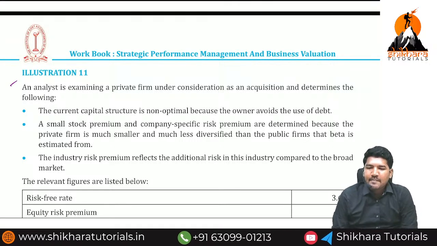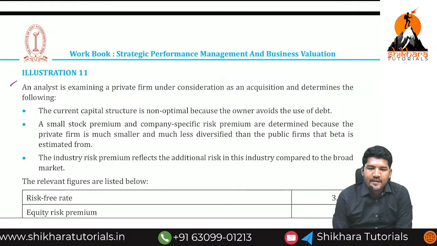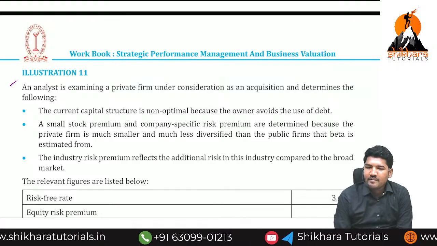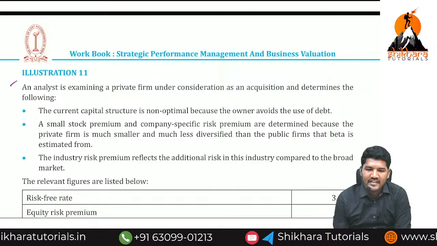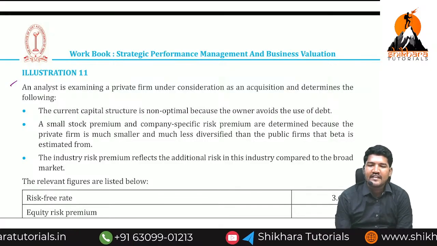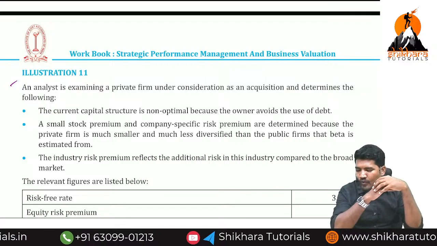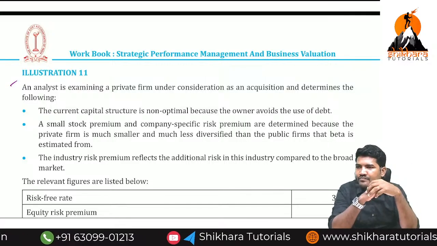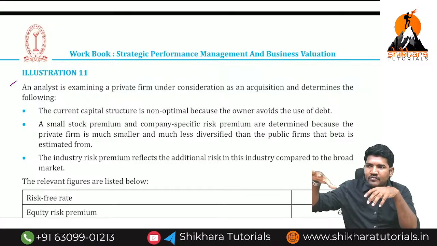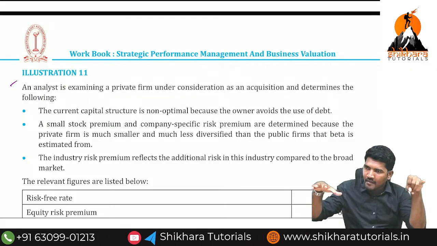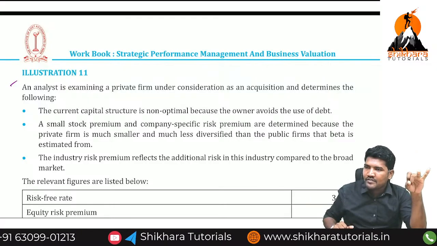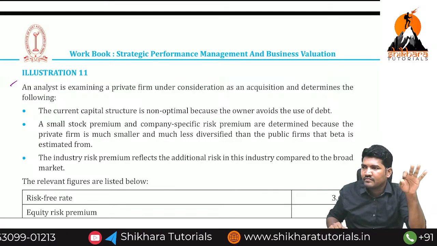A small stock premium and company specific risk premium are determined because a private firm is much smaller and much less diversified than the public firms that beta is estimated from. Now understand clearly. We have 2 types of companies in the market. One is public companies. Another side, private companies, small cap companies, startups. Guys, clear?